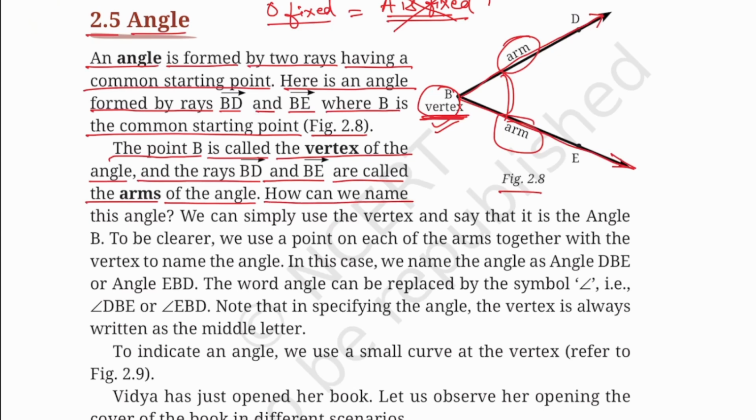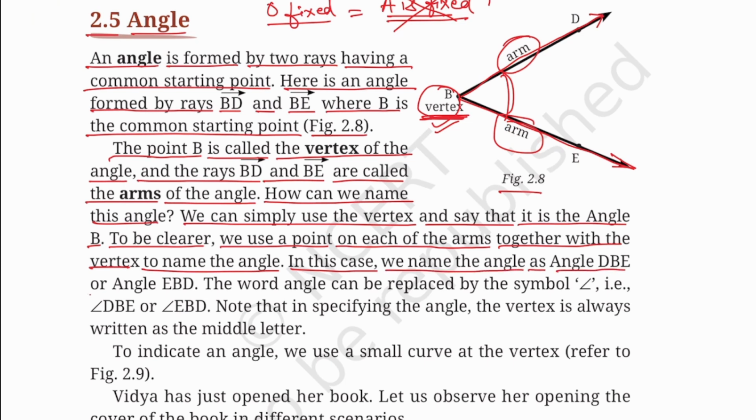How can we name this angle? We can simply use the vertex and say that it is the angle B. To be clearer, we use a point on each of the arms together with the vertex to name the angle. In this case, we name the angle as angle DBE or angle EBD.